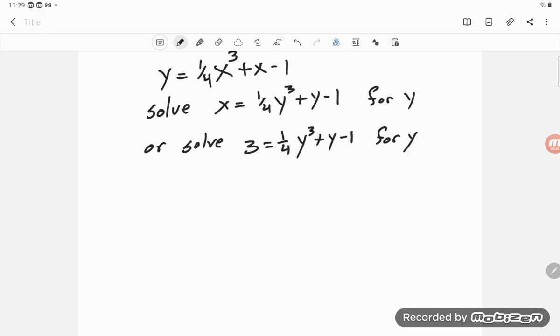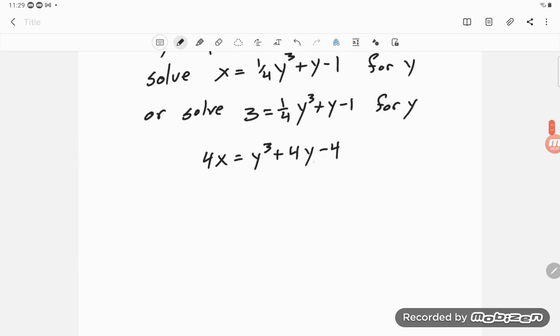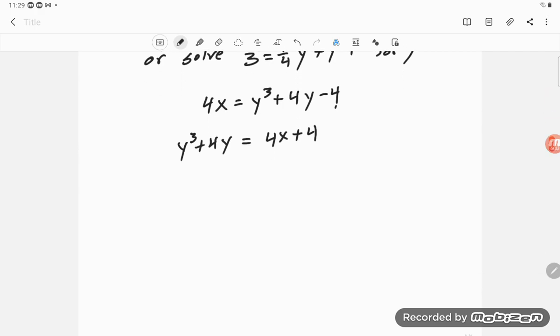But yeah, if I'm going to do this, I'd probably start by multiplying everything by 4, and so I would have 4x is equal to y cubed plus 4y minus 4. And then I'd move things around a little bit, write it as y cubed plus 4y equals 4x plus 4. So I just move the 4 to the left, but then swap sides of the equation.